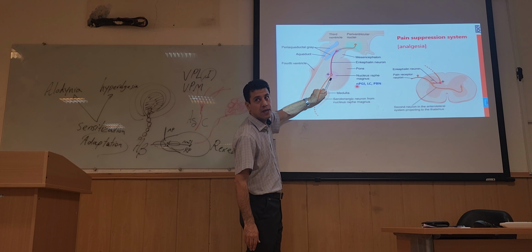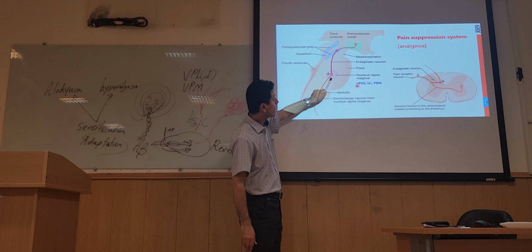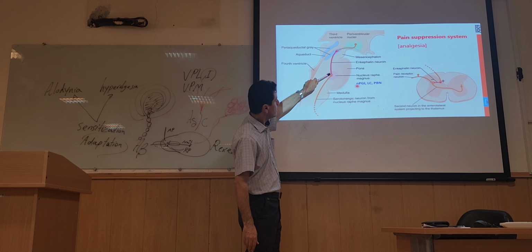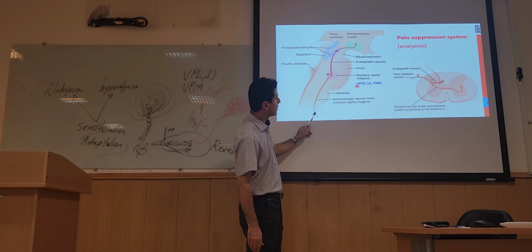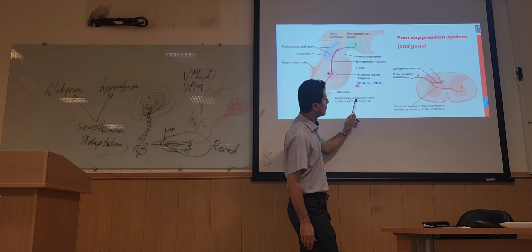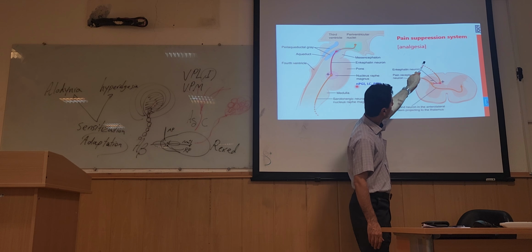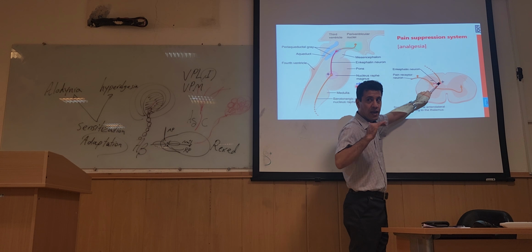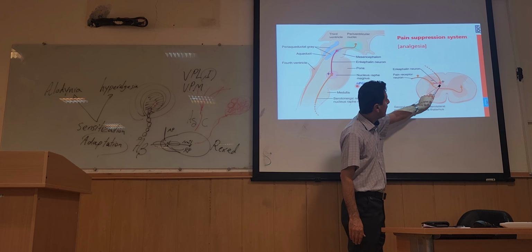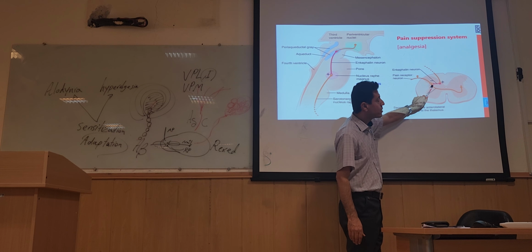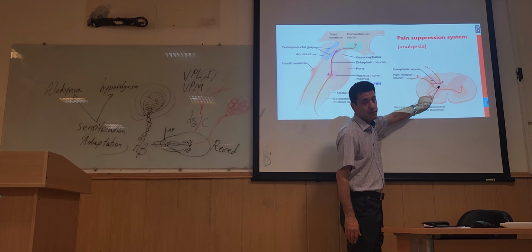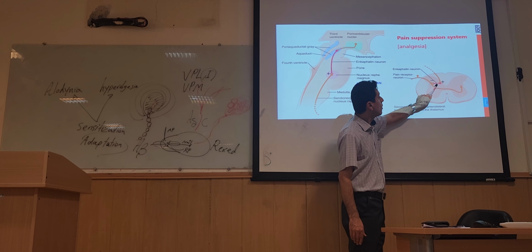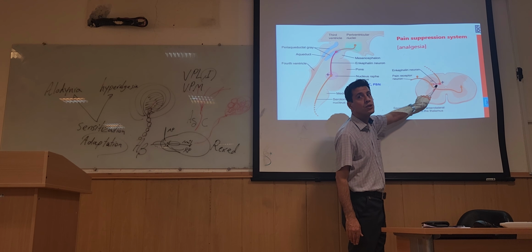You know that it releases serotonin, right? So neurons here go down through the brainstem and the spinal cord. They reach the spinal cord at different levels and activate interneurons that release enkephalin. These neurons are located in layers 2 and 3.